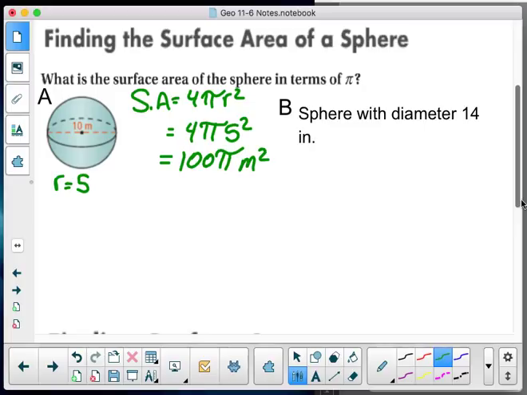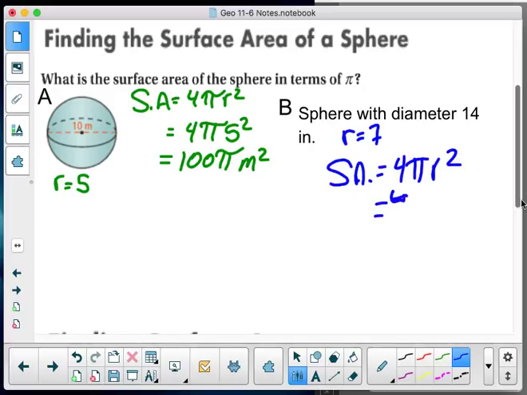Now again, and I've been harping on this all year, once you have no picture, the problem's harder. You've got to know more. They tell me the diameter is 14, which means my radius is 7. My surface area is still 4 pi r squared, so 4 pi 7 squared.